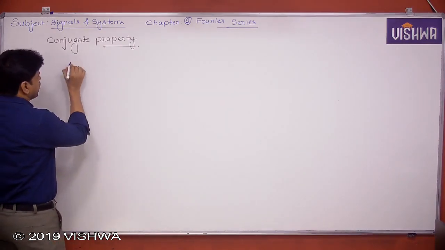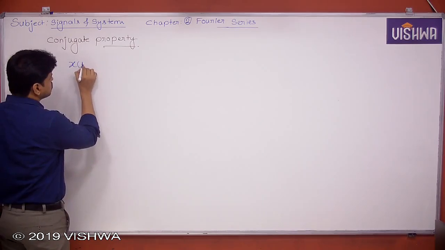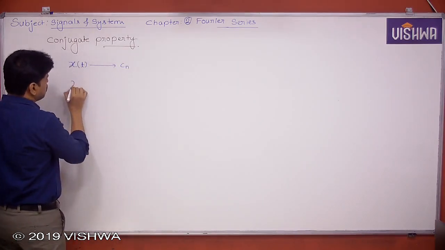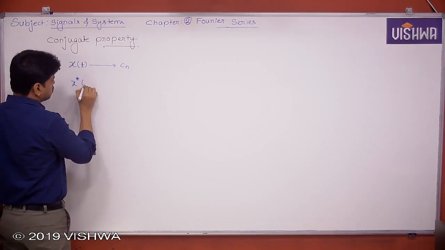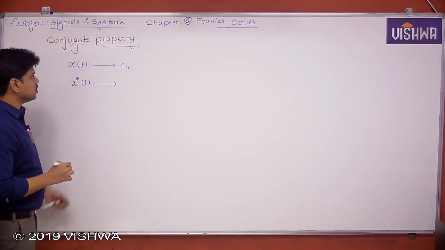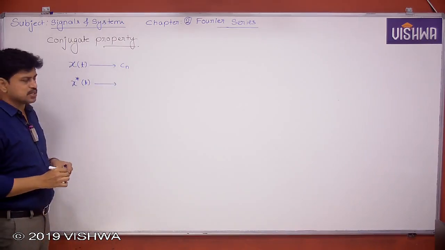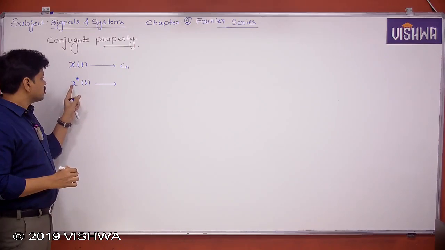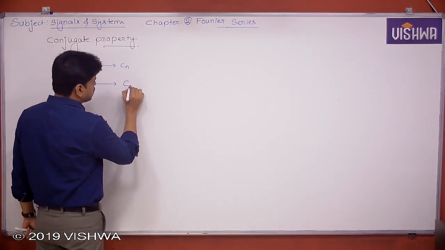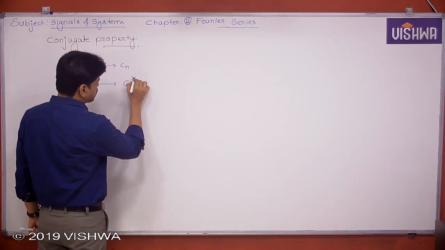If x of t signal has Fourier series coefficient Cn, then the Fourier series coefficient of x conjugate of t is nothing but c minus n conjugate.